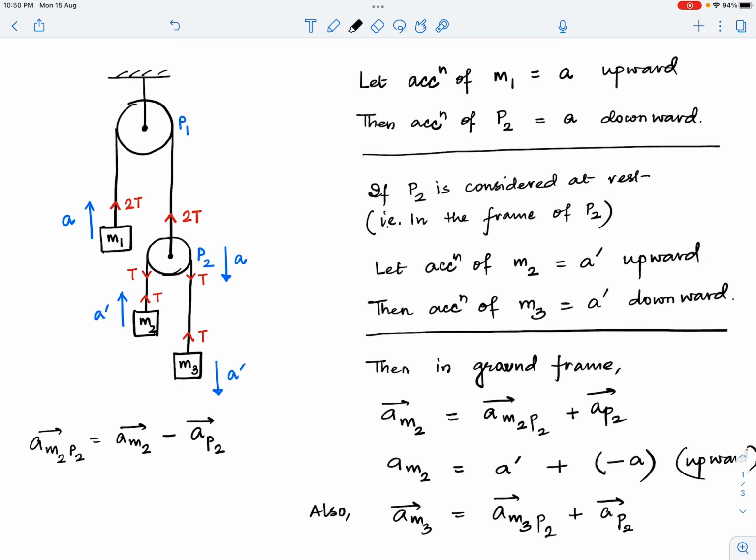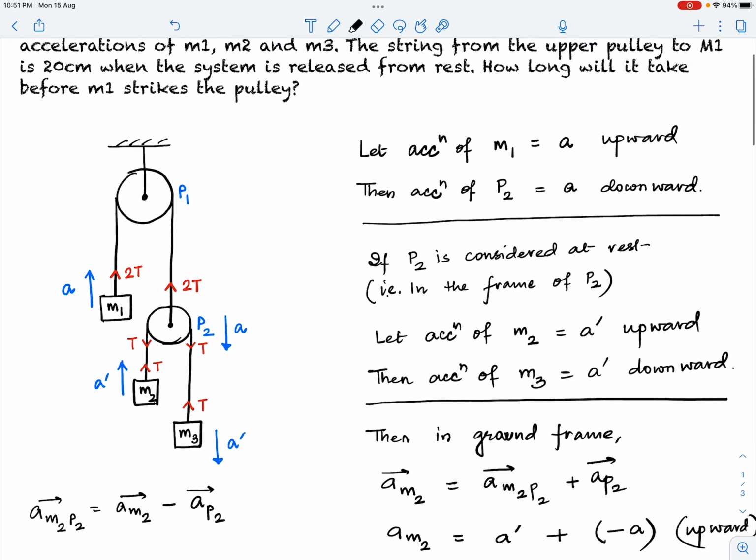So we assume here that if we consider p2 at rest, which means if we try and work in the frame of p2, then the block m2 will go up. If it goes up with an acceleration a dash, m3 will come down with the same acceleration a dash. So using these facts, we are going to start our solution.